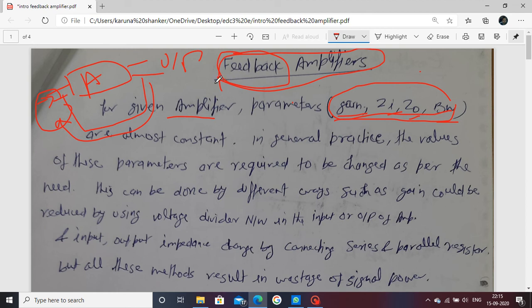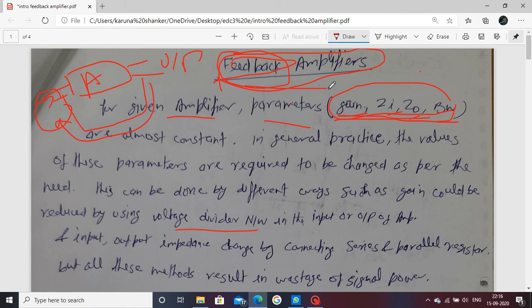When we use a feedback circuit instead of passive components, meaning a voltage divider network, what happens? Using passive components you increase or decrease your input impedance or bandwidth, but by using feedback the losses are reduced, meaning your parameters are amplified in a proper way without any losses.